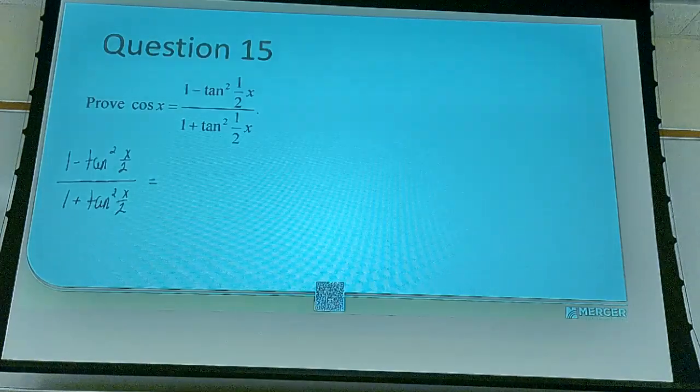One minus tangent squared x over 2 divided by 1 plus tangent squared x over 2.